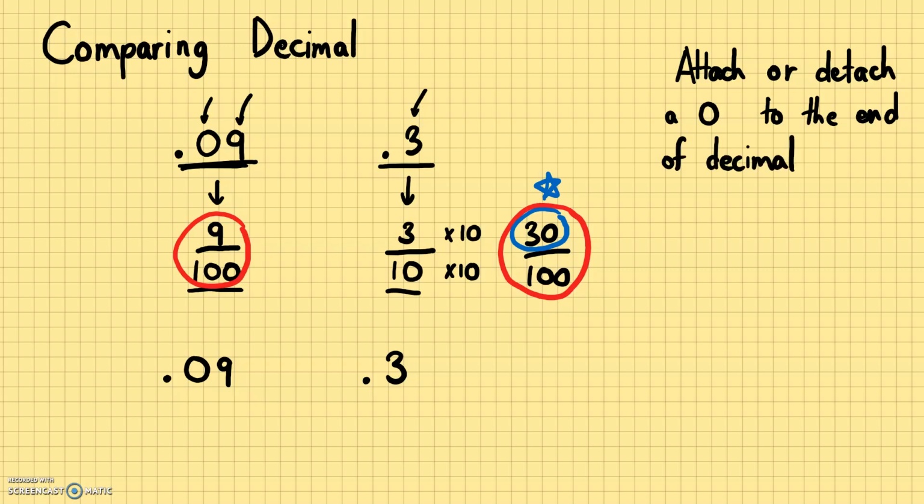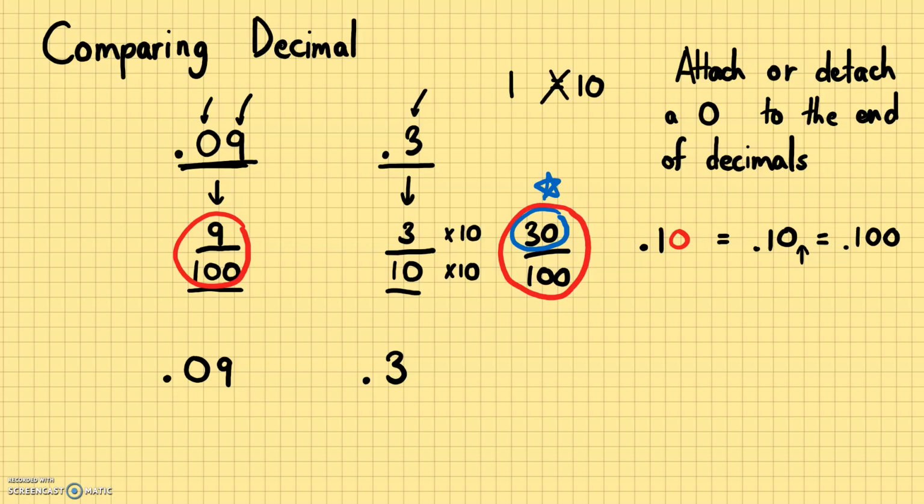If I have 0.1, I can simply attach a 0 here. So 0.1 is actually the same as 0.10, and 0.10 is the same as 0.100. You can just add zeros at the end. You can't do that with whole numbers. You can't just add a 0 to a 1 and make it into a 10. 1 does not equal 10, right? But you can do that with decimals.